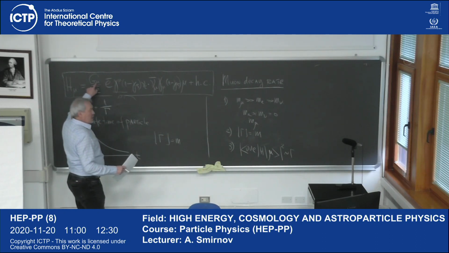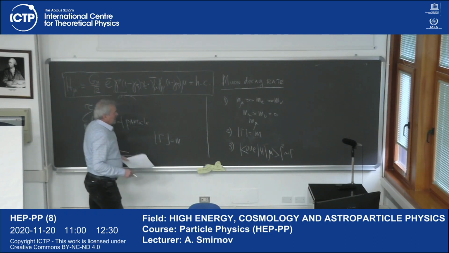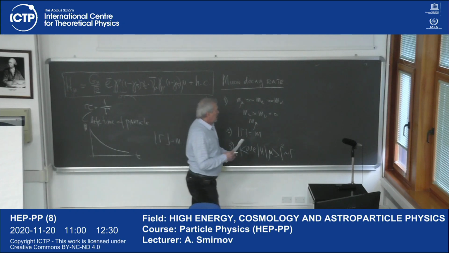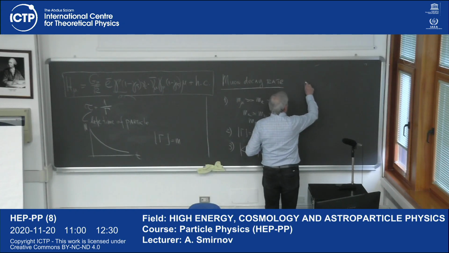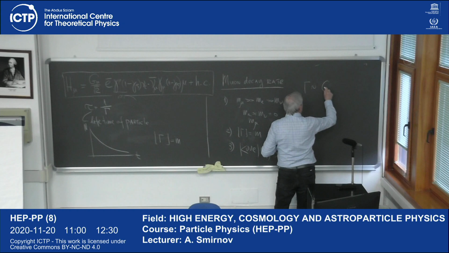Now we introduce G mu in analogy with G beta decay or G Fermi, and this can be done again on dimensional grounds. Clearly gamma should be proportional to G mu squared.